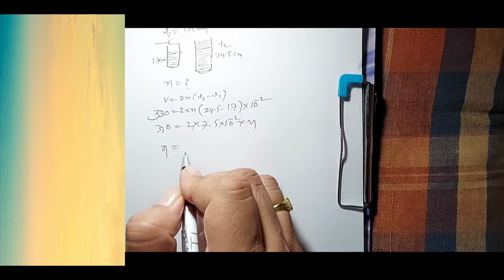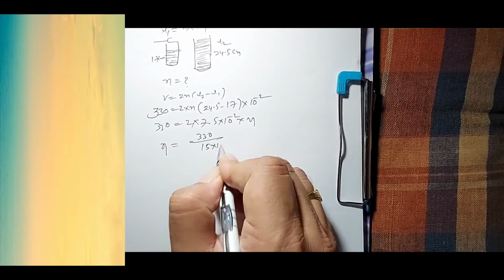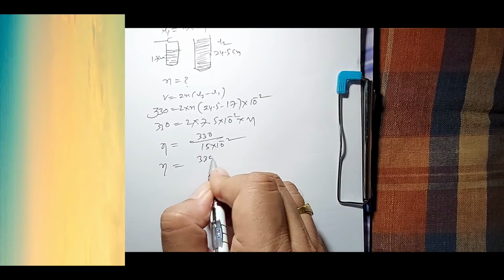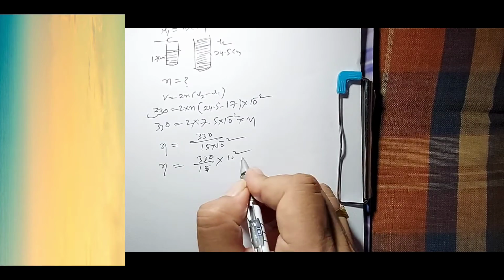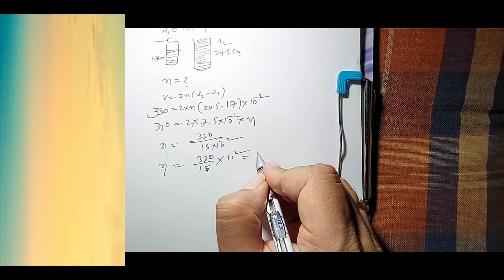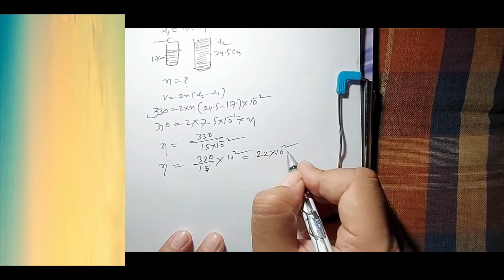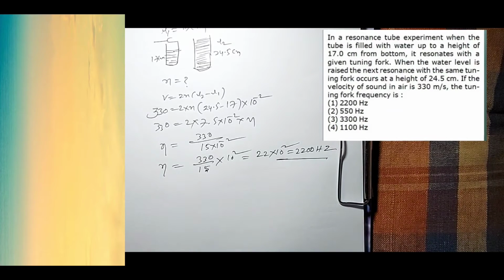So n is equal to 330 by 15 into 10 to the power of minus 2, which is 330 by 15 into 10 square. 15 2s are 30, that is 22 into 10 square. So that is equal to 2200 Hz. So our option is option 1.